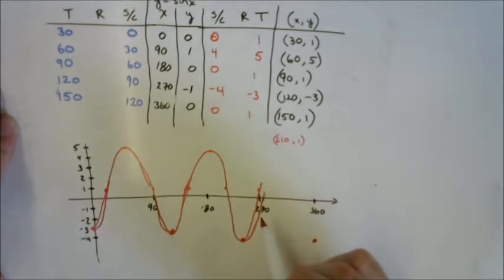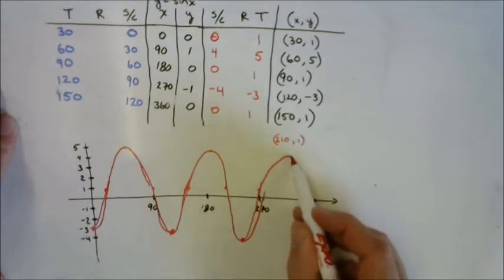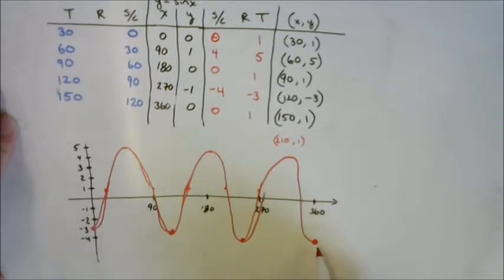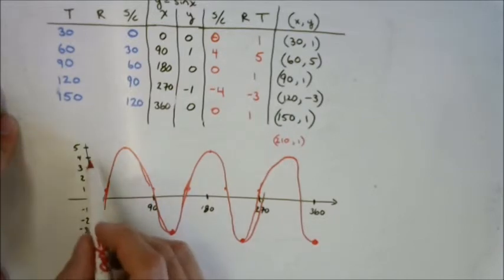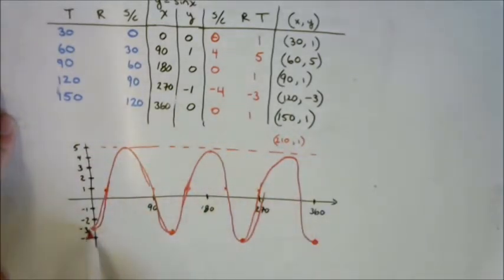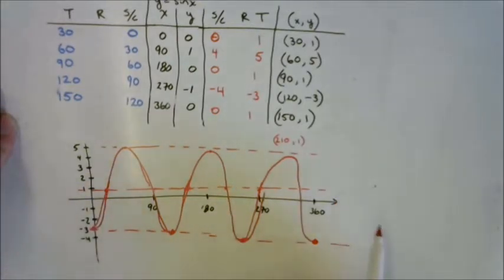Am I messing up? Where's the dot now? My min? Min should be at 360. So this should be 5 going all the way across. This should be -3 going all the way across. And the rest should be at 1 going all the way across.